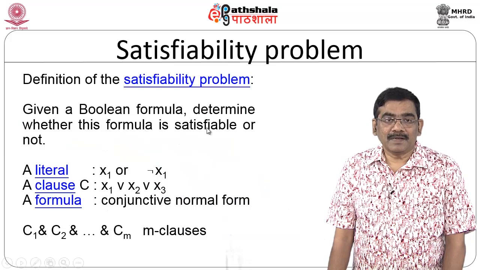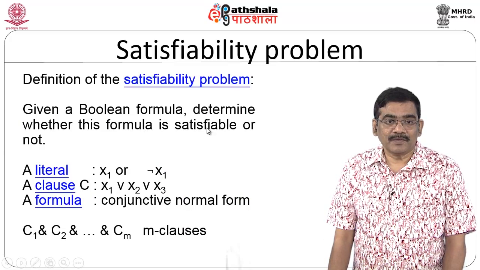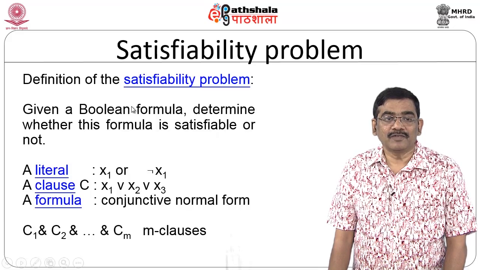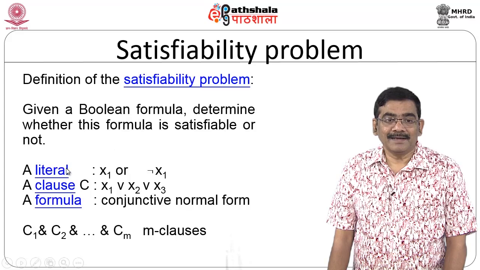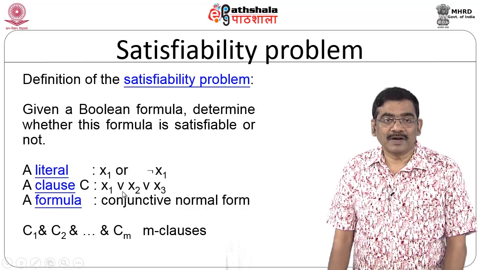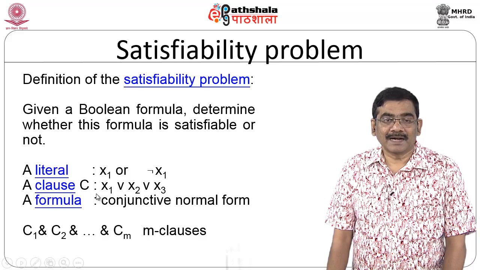The satisfiability problem, which we discussed in the last module, is nothing but a Boolean formula. The Boolean formula has literals such as x1 or x1 bar, and if we combine literals by means of OR, we get a clause.